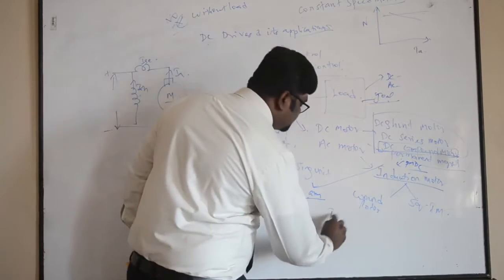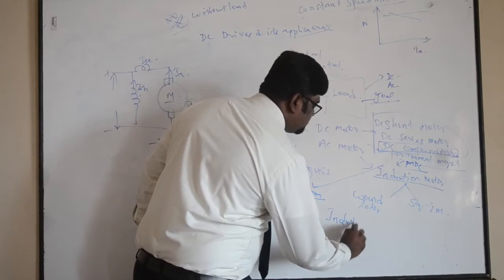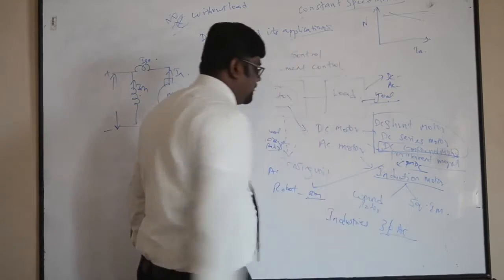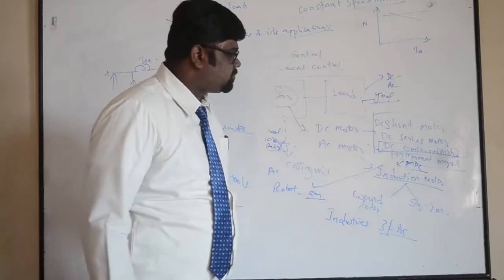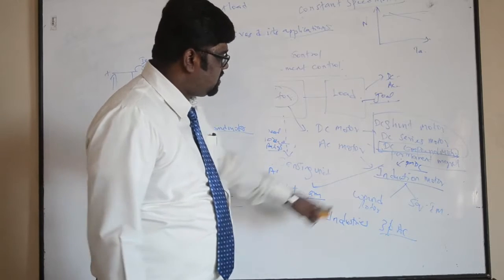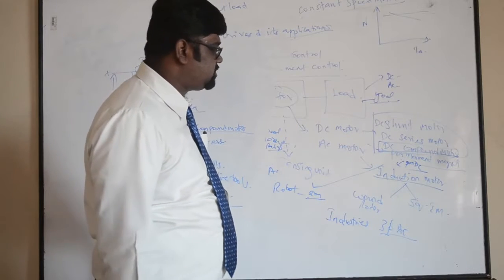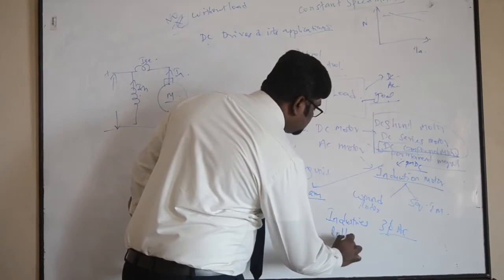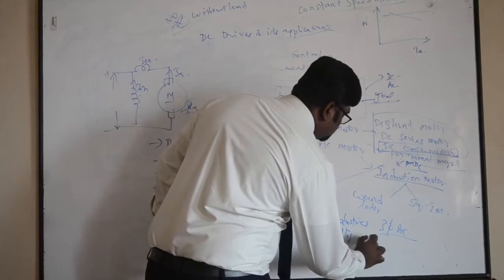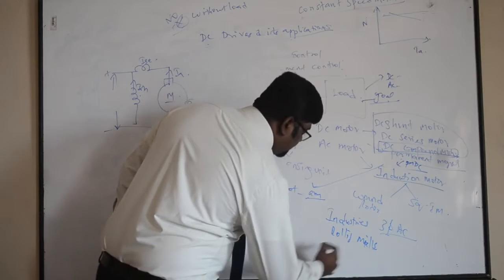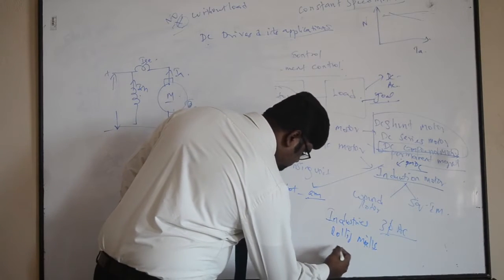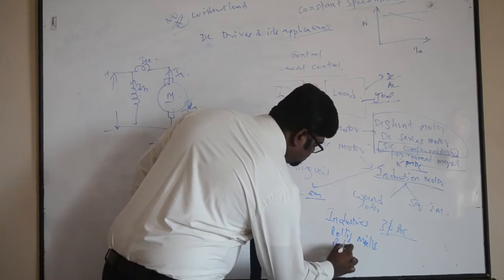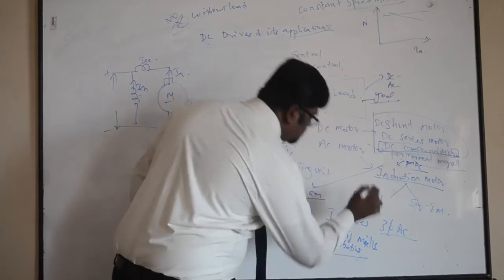We know industries use a three-phase AC supply. Most probably the squirrel cage or the wound rotor can be used, for example, in rolling mills, even robotics also.